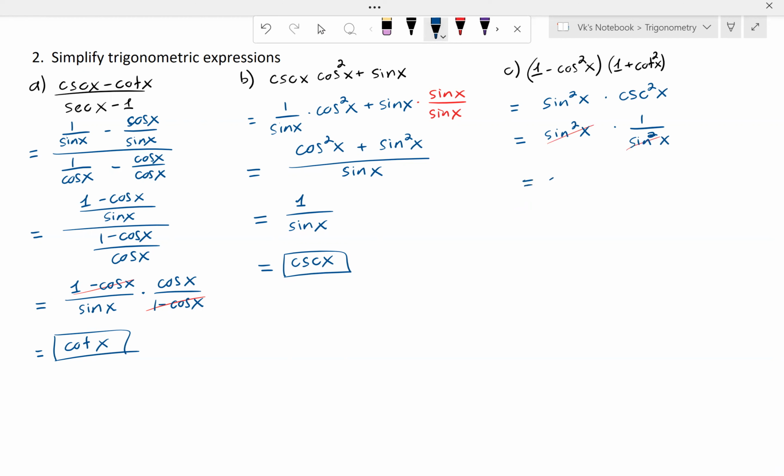So we just have 1. Super cool. And that is what is meant by simplifying a trigonometric expression.